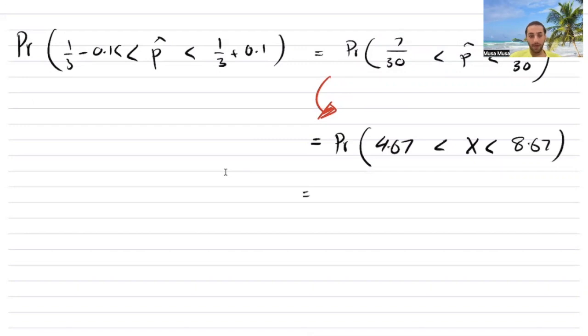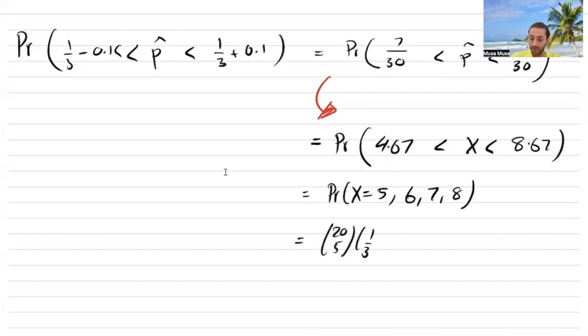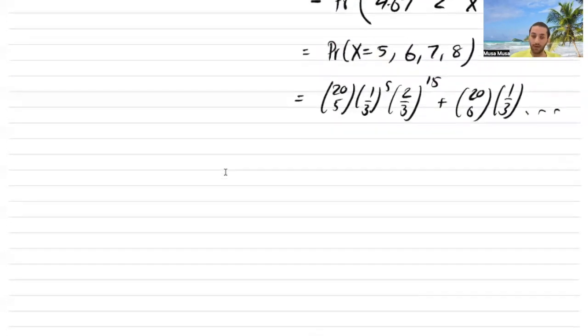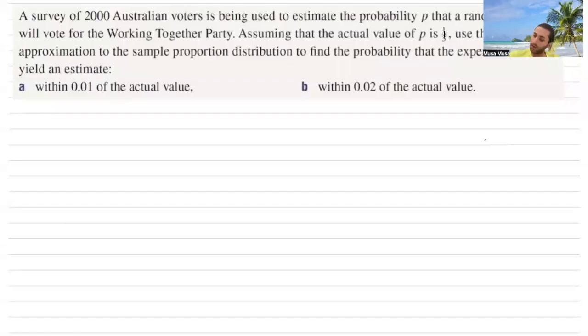So now we would get sample proportions between 0.1 of the actual value if we had x values of 5, 6, 7, and 8. And each of these you can evaluate just using normal binomial distribution. So 20 choose 5, a third to the power of 5, 2/3 to the power of 15, plus 20 choose 6, a third to the power of, yeah, we get the idea. Very nice. Now let's do a question where we have to use normal distribution.